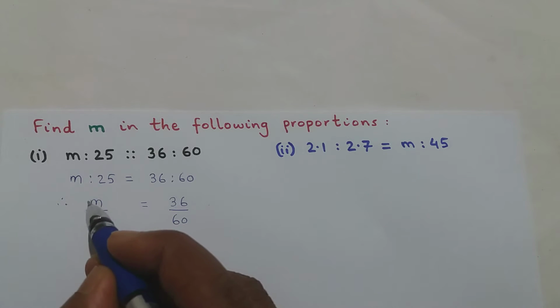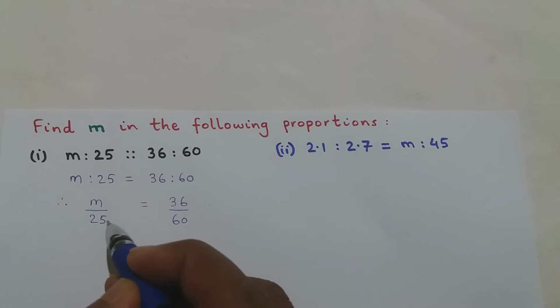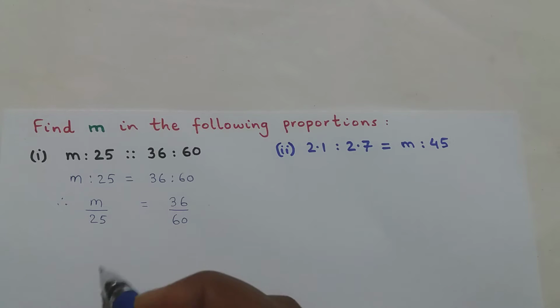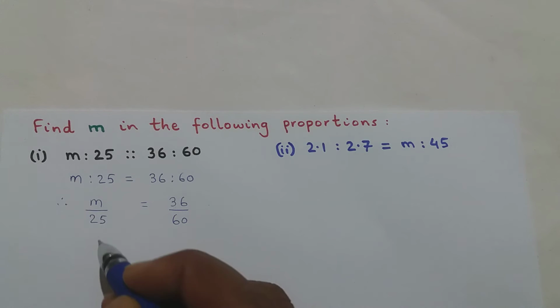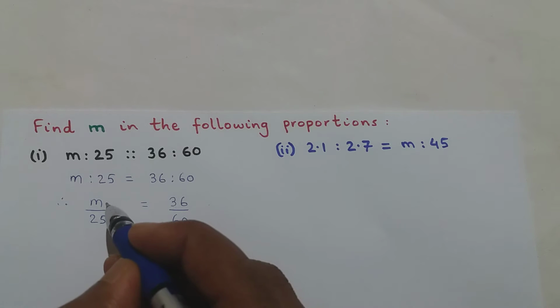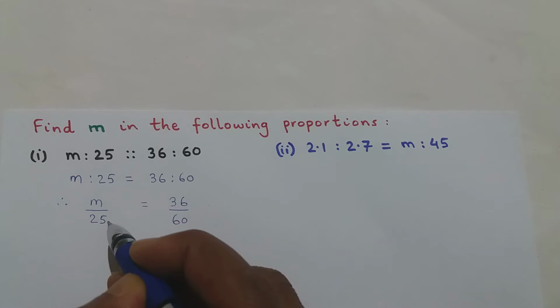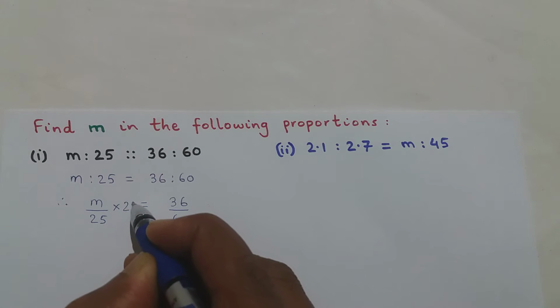So in order to find the value of m, first I will get rid of this 25. So in order to get rid of this 25, I will multiply m upon 25 with 25.